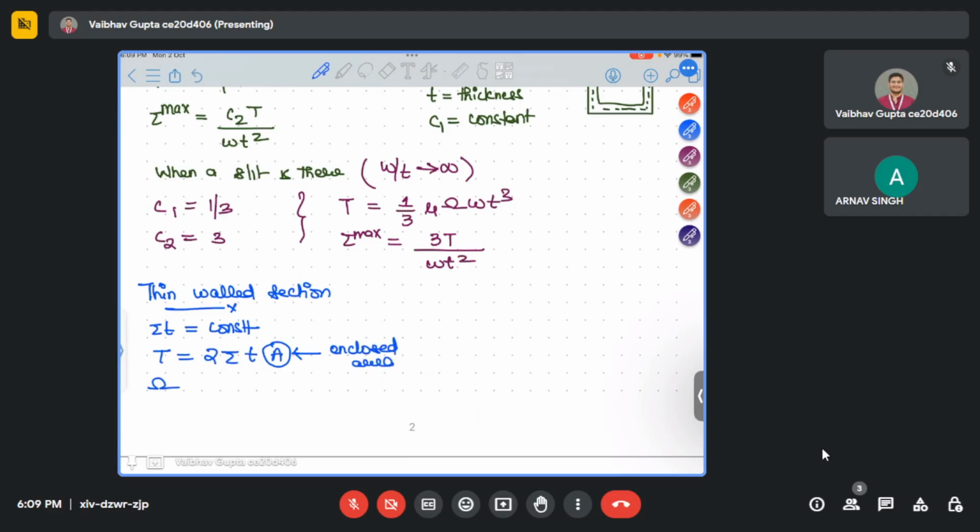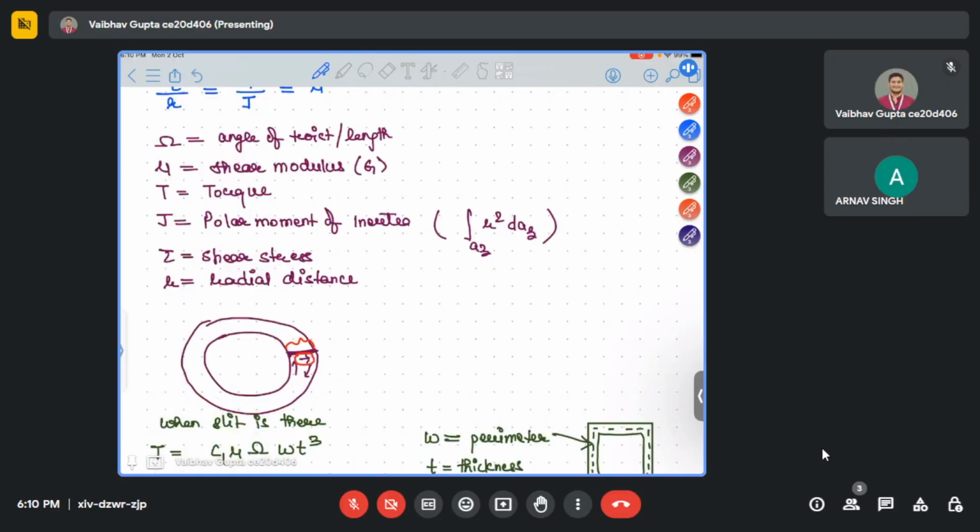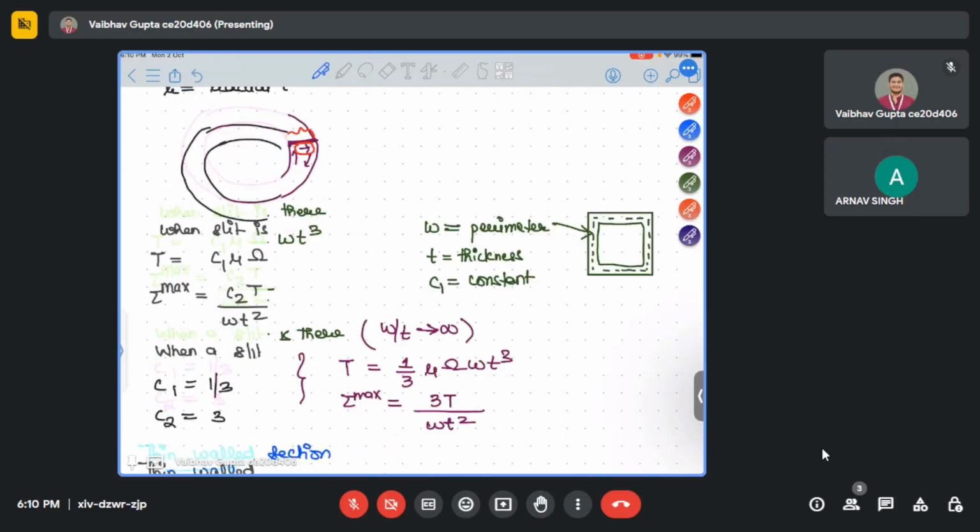And angle of twist will be given as T upon 4 mu A square, line integral of ds by T. Yes, these are the three main formulas which you will require to solve the problems.